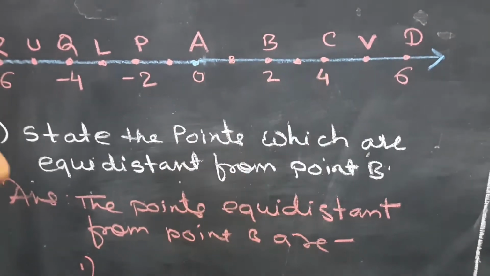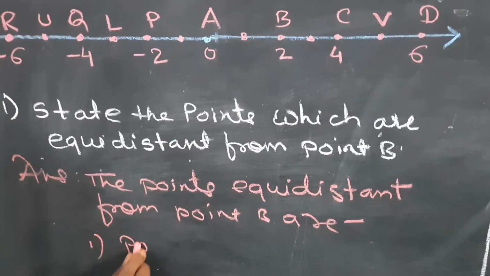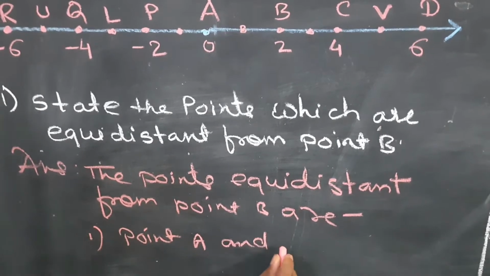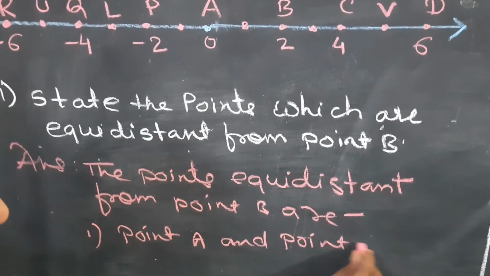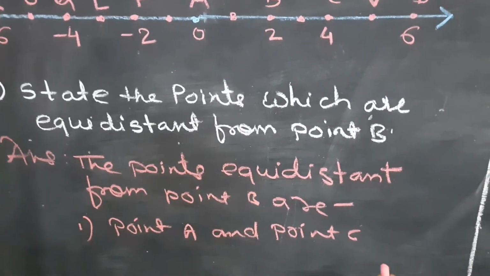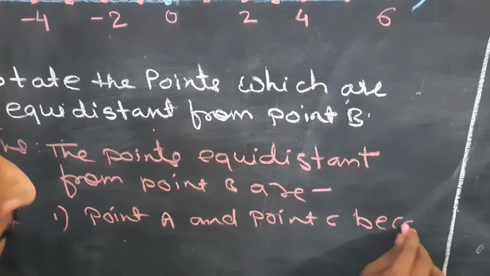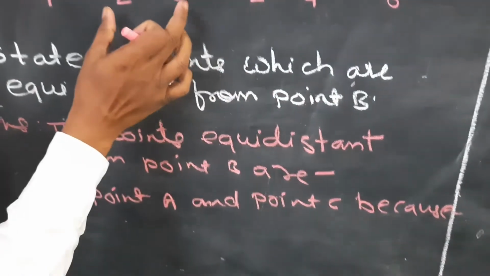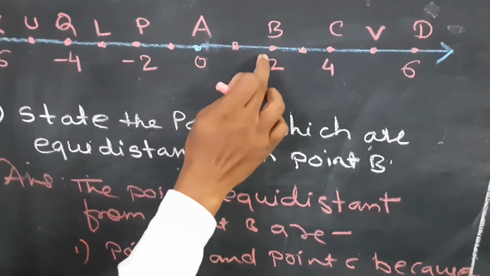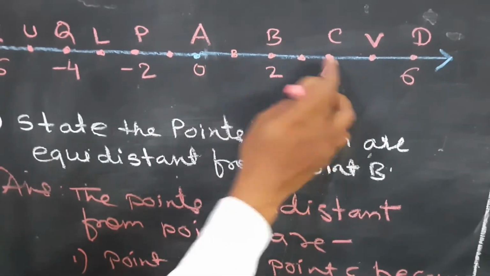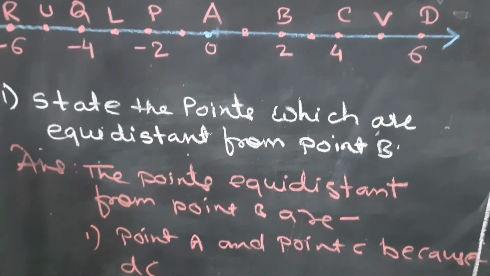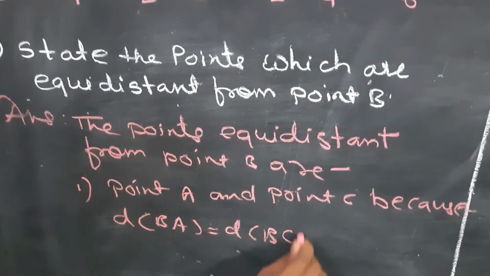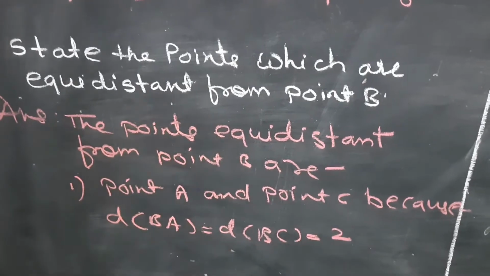Point A and point C, because you can see the distance between B and A and between B and C is 2. Distance BA is equal to distance BC, both are 2 units.